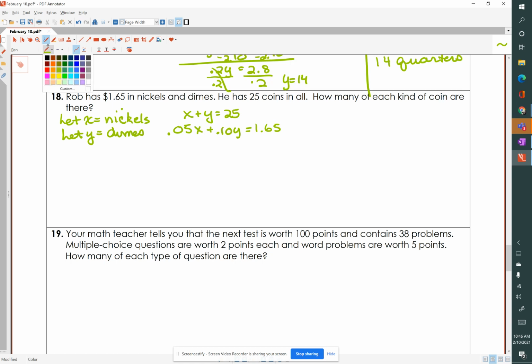And I'm going to solve for x. And then I'll substitute that right there.